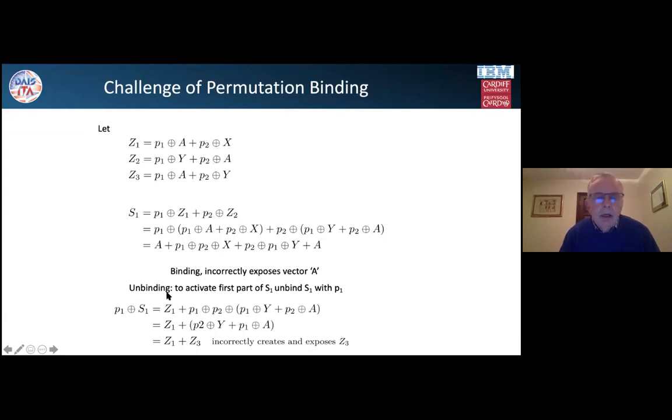And similarly, if you unbind the first part of a service vector S1 using P1, you can end up exposing a vector representation of another service, A, Y, for example. So you're incorrectly exposing the wrong vector. What we're trying to do is to represent services with these vectors and then use the vectors to discover the services.